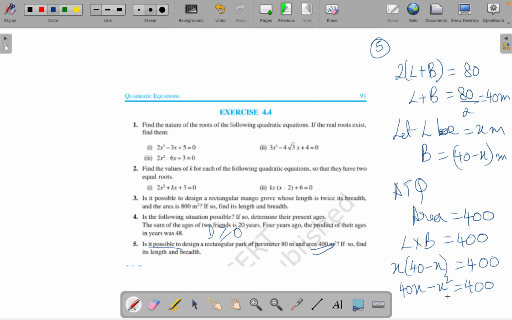The coefficient of x square should always be positive, children. So in place of moving 400 this side, we will move all the other terms that side. So x square minus 40x plus 400 is equal to 0. And now you can check whether you will be able to get D greater than equal to 0 or not.